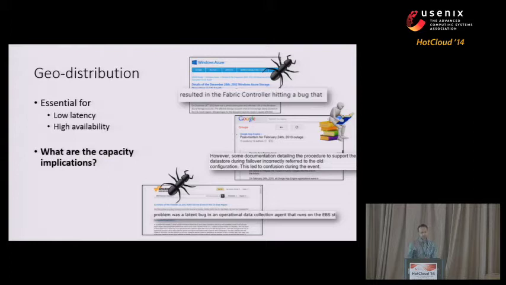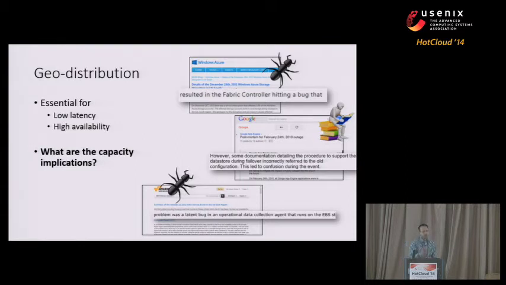If you just search for the blogs published by the cloud operators, and many of them are pretty good at publishing the reasons why their data center, or a large chunk of it, failed, I'm just pulling up a few of those blog entries. The Azure cloud, for instance, failed because of a bug in the Fabric controller.